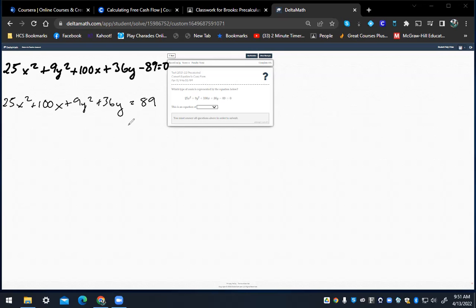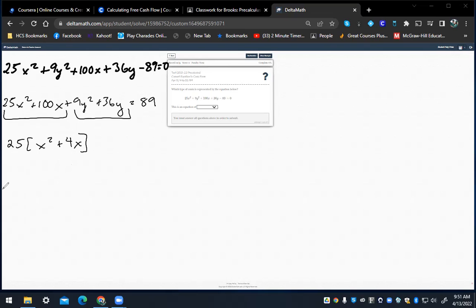All right, the first thing you're going to do is see, is there anything that I can factor out of these two x terms? What could I factor out of those two? 25, exactly. 25 times x squared plus 4x. We want to keep the x squared, and you are correct that we could factor more, but we're about to complete the square.